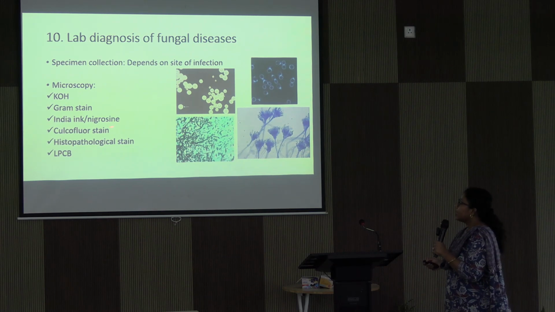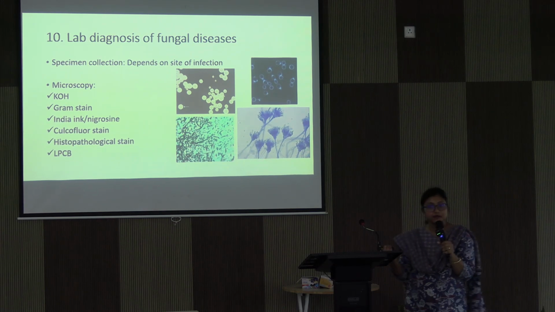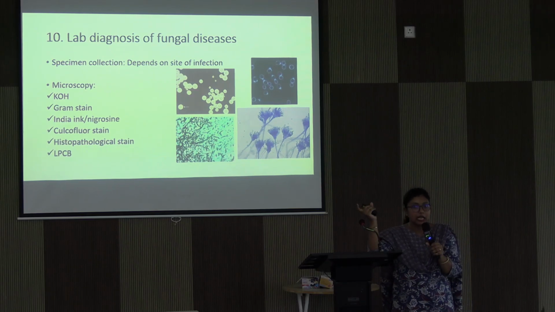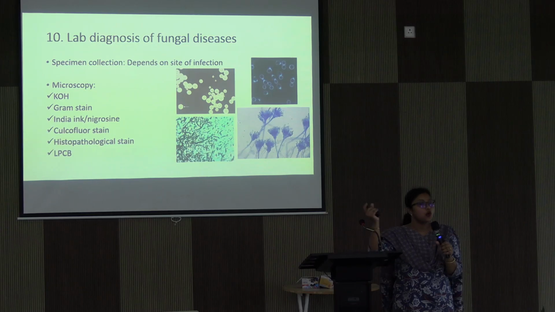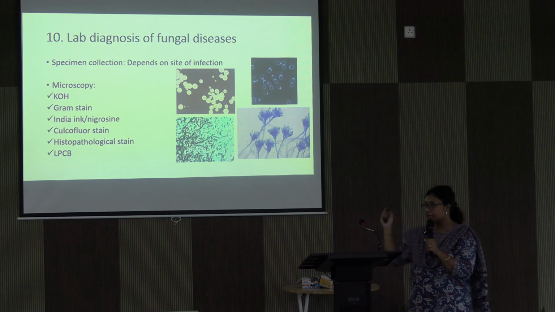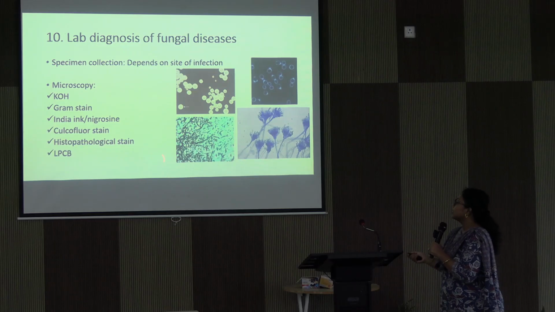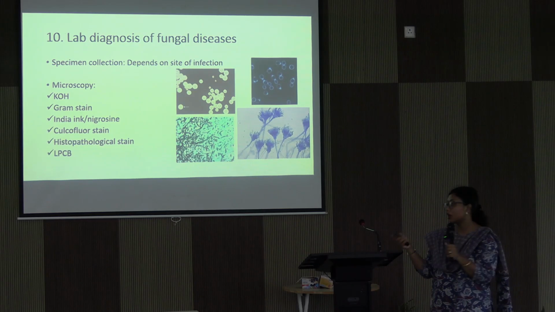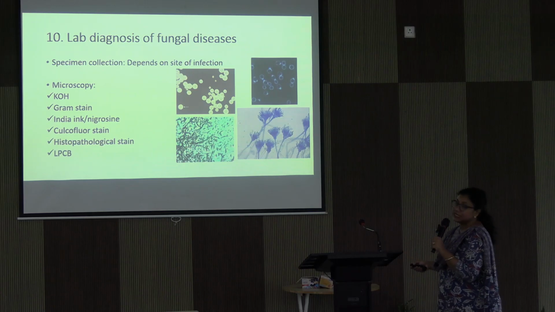India ink or nigrosin are negative stains, used for fungi which are capsulated, like Cryptococcus. It's a capsulated microbe, so we can visualize the capsules. Then histopathological stain, and lastly after culture you can do LPCB.